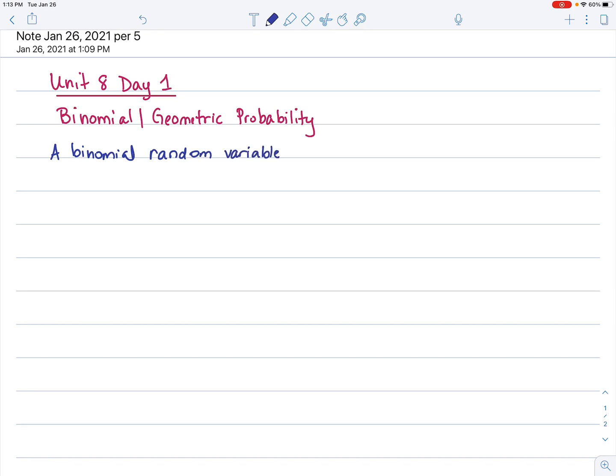And a binomial random variable is a discrete random variable that counts the number of successes in a fixed number of trials.